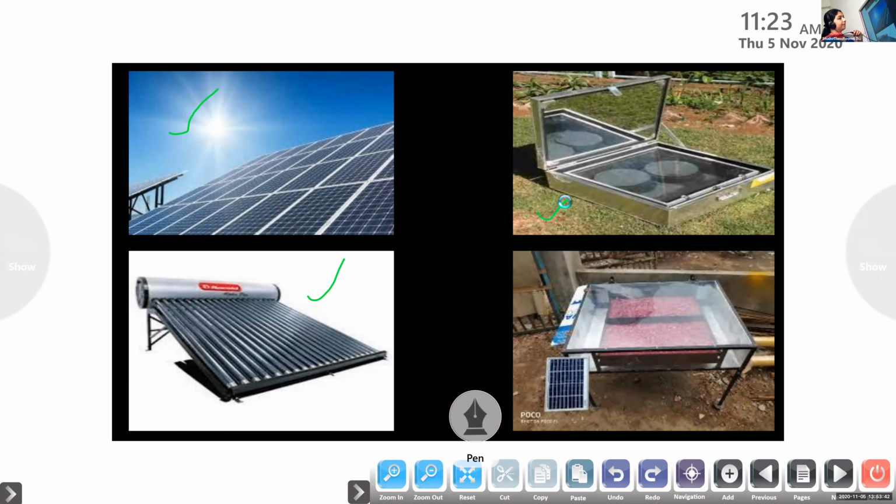If you want to dry vegetables and fruits, you can use a solar dryer, because the power and energy come from the solar panels. Solar panels convert energy, and that energy is used for drying vegetables and fruits.